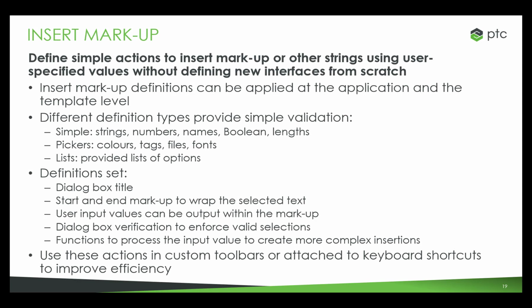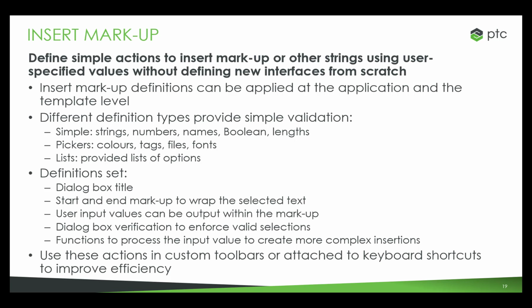So Insert Markup allows you to define a little action which will insert a string where the cursor is, and it's up to you to define what string goes into it. Also, because Insert Markup pops up a little dialog box, you can get the user to input different types of information to populate that string.